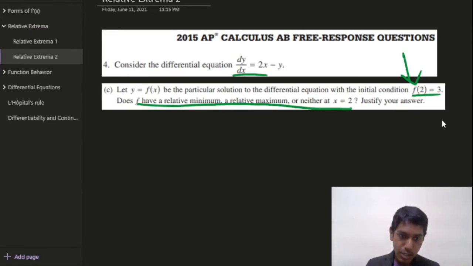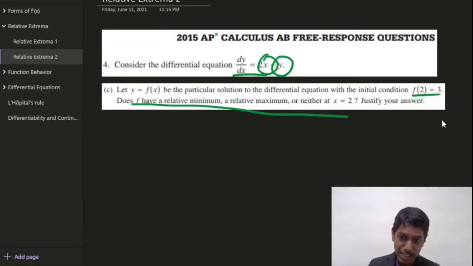Okay, so first thing that would come to my mind if I was solving this problem is, well, let's use the first derivative test, see how dy dx changes close to x equals 2. But the problem is you can't really find out what dy dx is, right? They don't give you what x and what y is near f of 2.